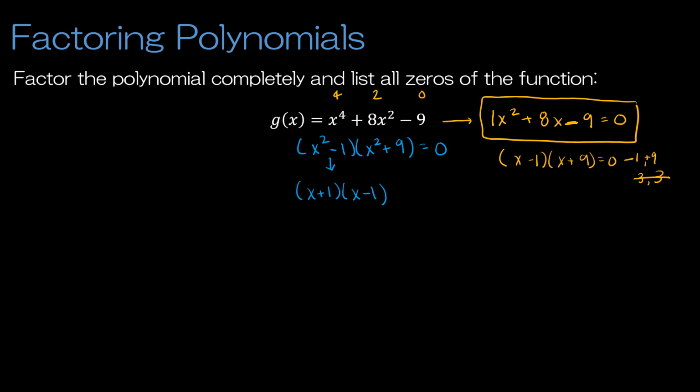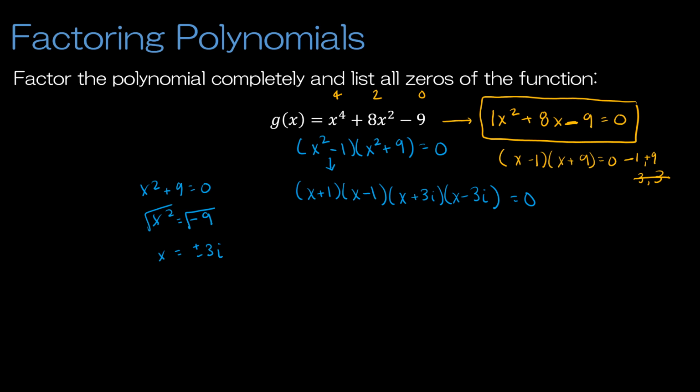Well, x squared plus 9, you can factor into x plus 3i, x minus 3i, but that might not be immediately obvious. So it might be that you have to come off to the side and say x squared plus 9 is equal to 0, x squared is equal to negative 9. Taking the square root, I get x is equal to plus or minus 3i, and there's your factors.